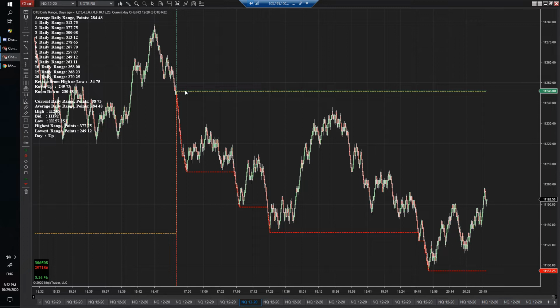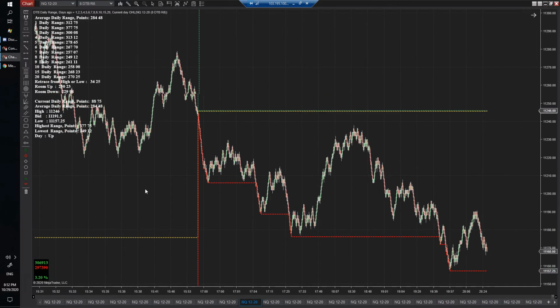So there's the open and the high, and the low is basically going to plot. So this is going to tell you that the average daily range over the last 20 trading days is 284 points. The range from yesterday was 312 points, 2 days ago 377, 3 days ago 300, and so forth.